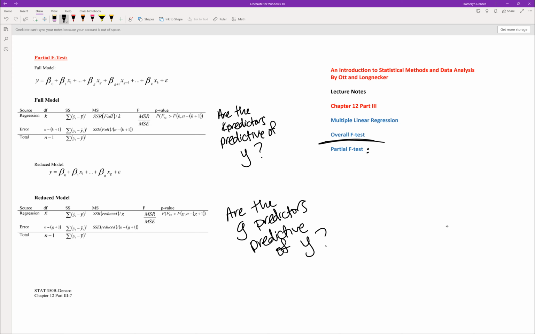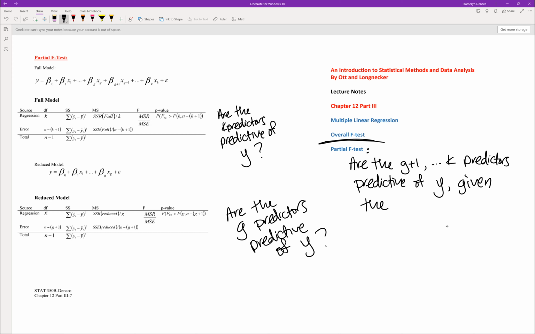So the partial F test asks, are the G plus 1 up to K predictors, those additional predictors, predictive of Y, given the G predictors are already in the model? Now you're doing a partial F test.